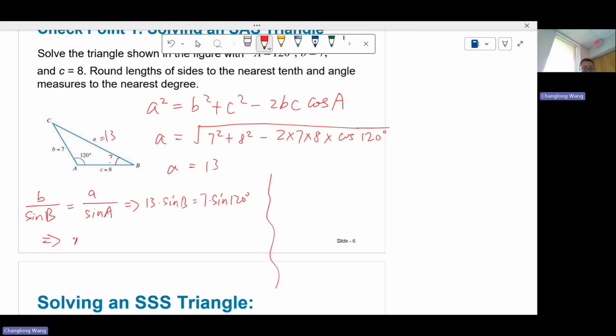And we can figure out what sine B is. I'm sure that you can do that. And later you're going to invert it to get B. I was told by my first year student that it should be around 28 degrees. You guys all get that?